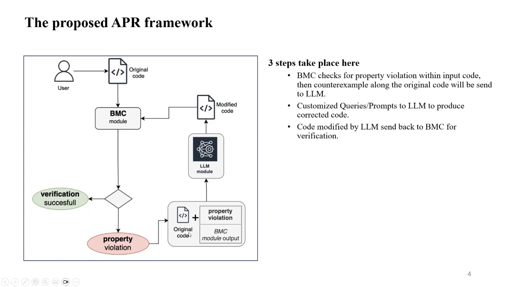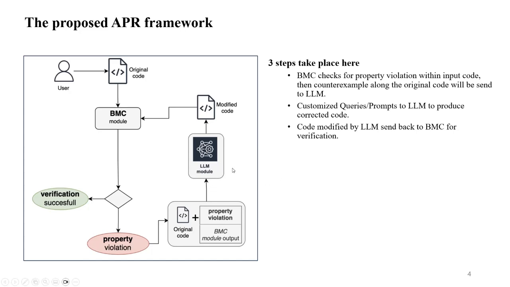So in this framework, the typical steps are: taking the input to BMC, and BMC checks for property violation. If there is a property violation, it will be forwarded to the LLM module. In this case, since we are talking about ChatGPT, the user will add their own specified prompt, or chat text, plus the original code along with the property violation, or BMC module output.